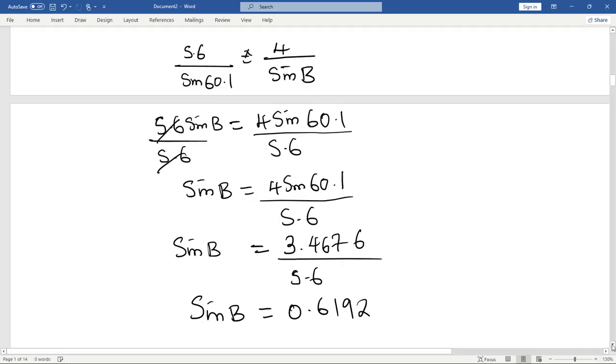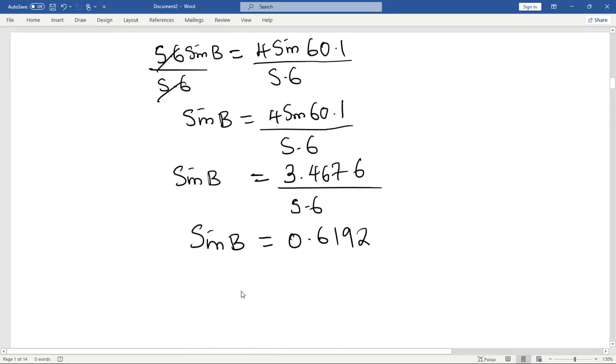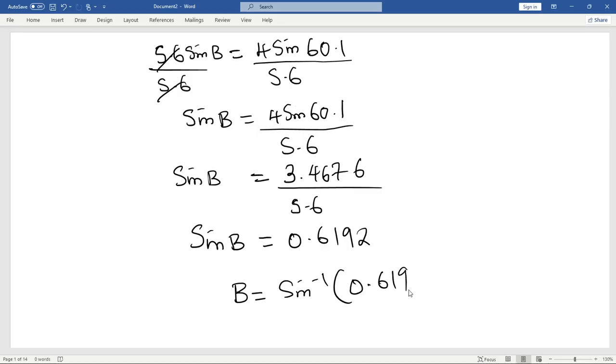Now, to find the value of B, B is simply equal to sine inverse of this value, sine inverse of 0.6192. So the value of B is simply going to be 38.3 degrees. So that is the size of the angle B that we are looking for.